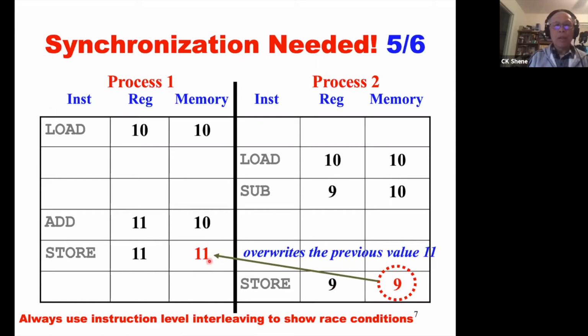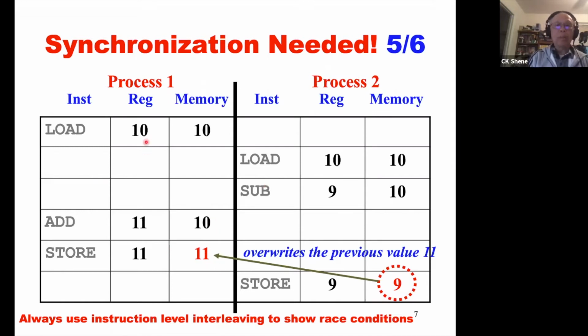Therefore, this execution sequence shows you that in instruction level interleaving, count plus plus and count minus minus could yield a value of 9, because context switches occur here and here.